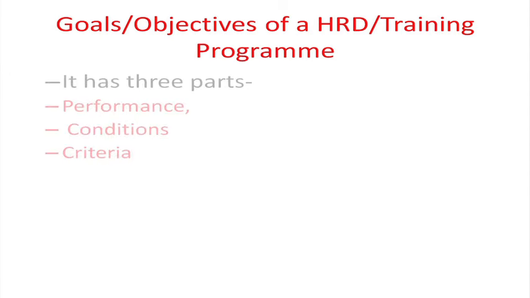So, when you are going to write the goals and objectives of an HRD program, it has three parts, that is performance, conditions, and criteria. Okay.